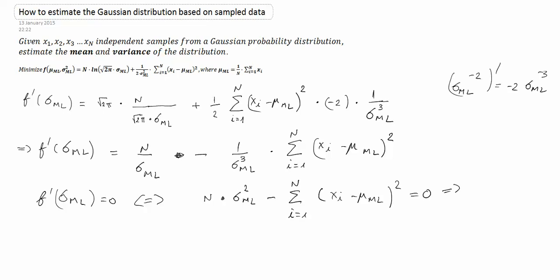And that leads us to sigma ml squared equals 1 over n sum from i equals 1 to n of xi minus mu ml squared.